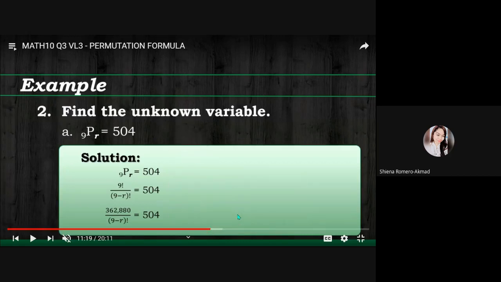Then, multiply both sides by 9 minus r factorial, tsaka divide both sides by 504. So, we'll have 362,880 divided by 504 is equal to 9 minus r factorial.